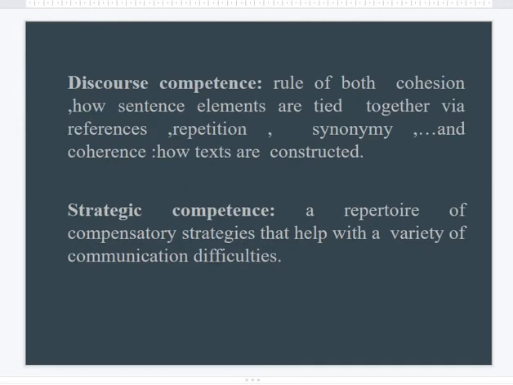And the third dimension is discourse competence. It means that along with grammatical competence and sociolinguistic competence, discourse competence is very important for developing communicative competence.